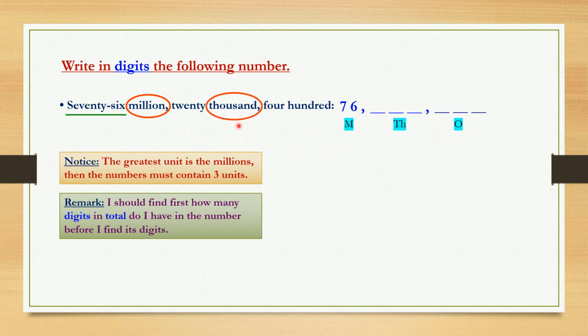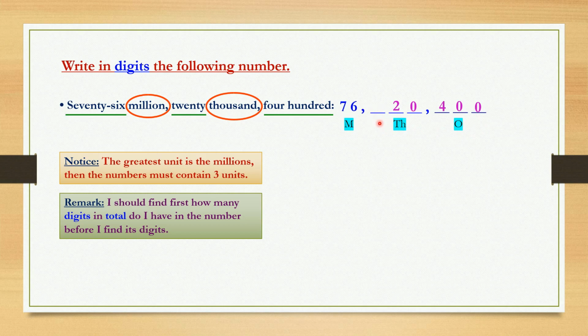So in the thousands unit we have 20. So to write 20 we place 2 in the 10,000s place and 0 in the thousands place. Now in the ones unit we have 400. So we write 4, 0, 0. Now here we notice we have this empty space.